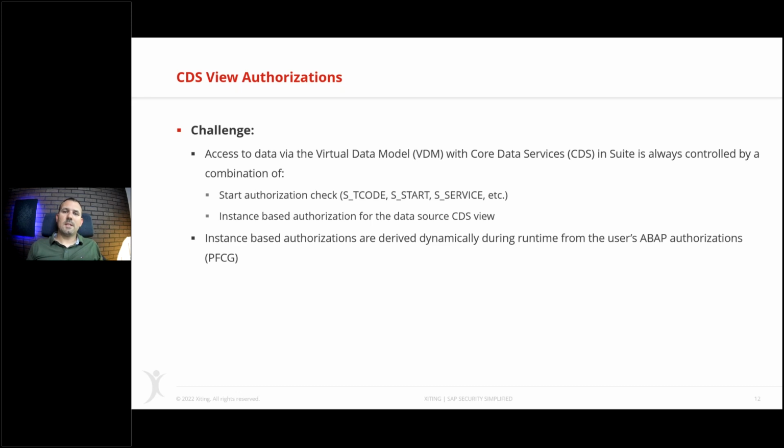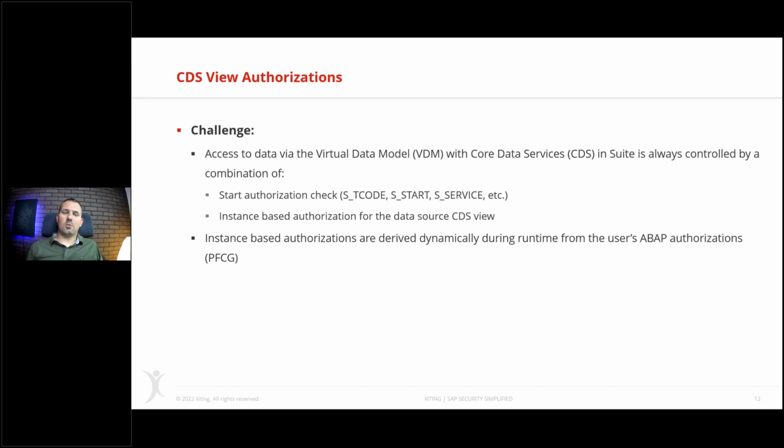So it's basically what CDS views do for us, and what they do is instance-based authorization checks. So it's retrieving the authorizations a user has, and then showing or retrieving the data from the database based on the user's authorizations. So from an overall security perspective, this is the greatest thing, because we're not loading something from the database that the user is not authorized to see.